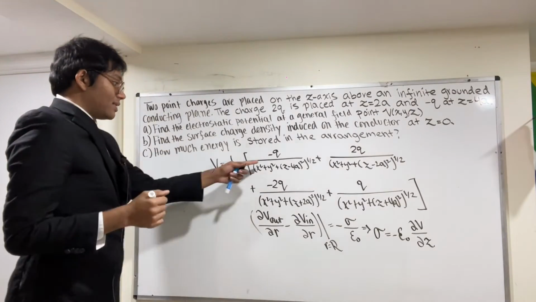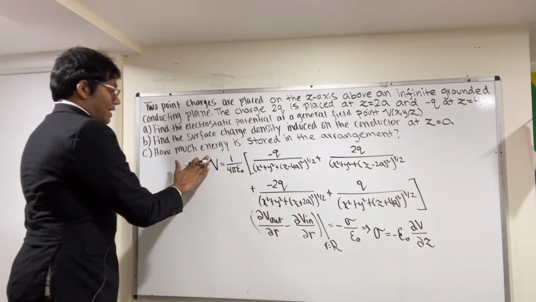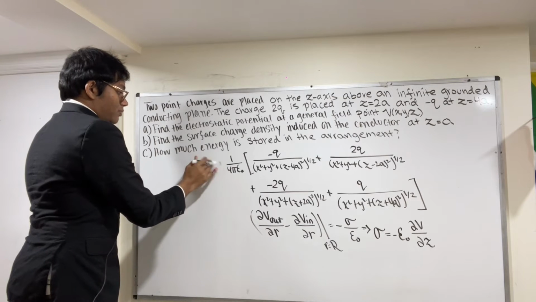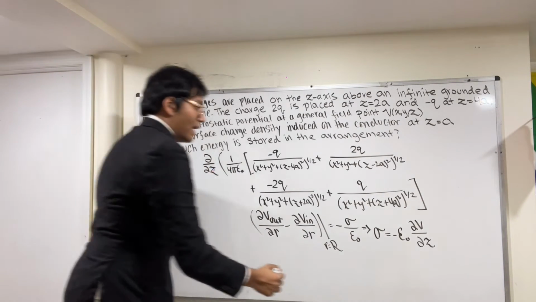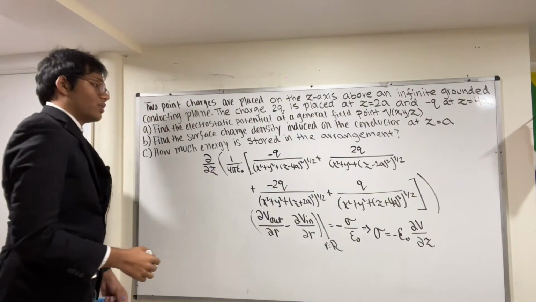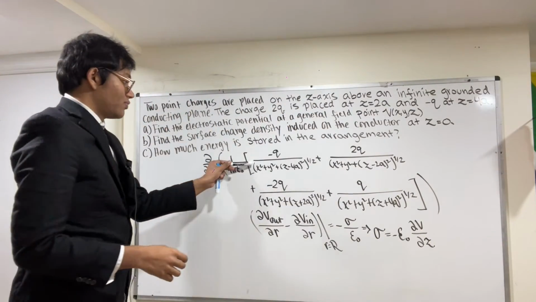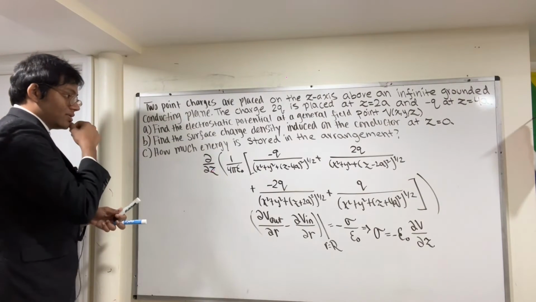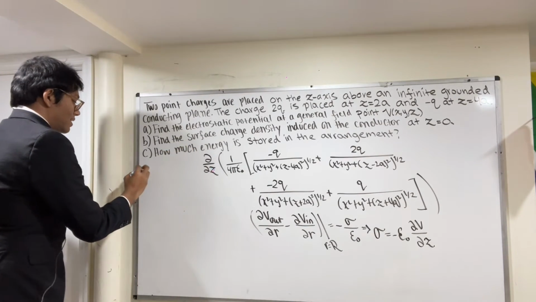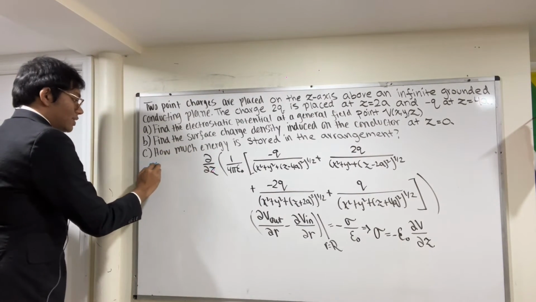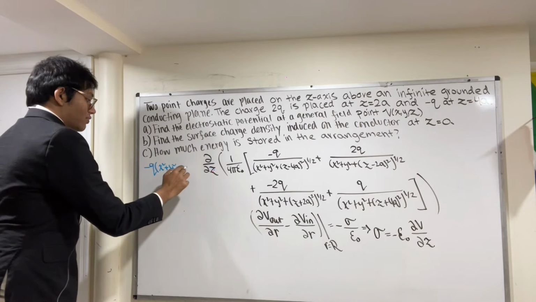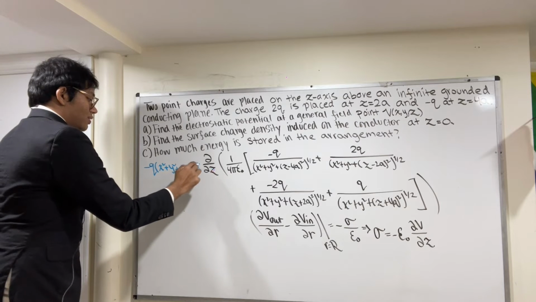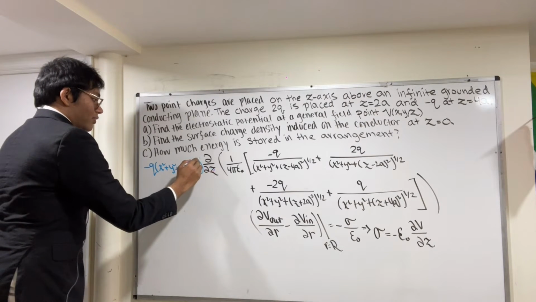So let's take the partial derivative of this with respect to z. Partial z of this entire thing is going to give us what? Let's first start with this one. Let's write it as an exponential: minus q times x squared plus y squared plus z minus 4a, squared, to the negative 1/2 power.